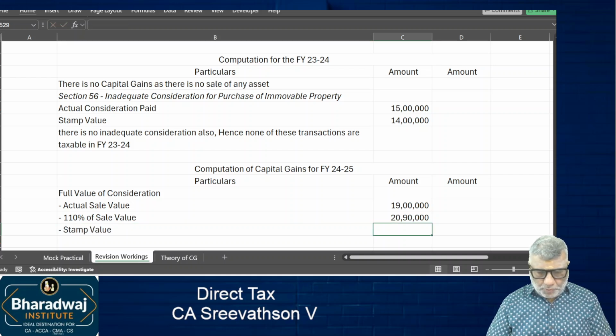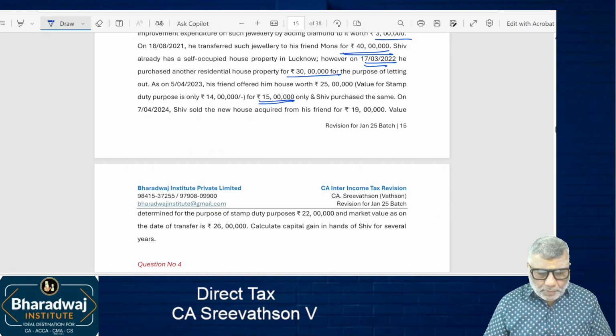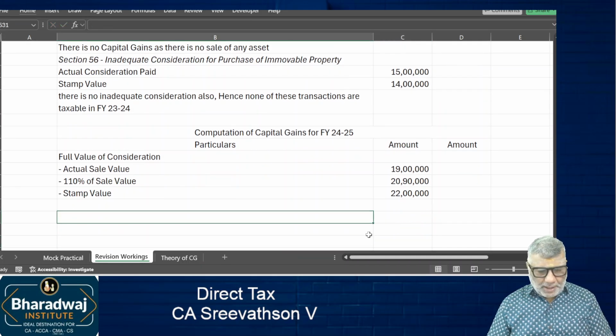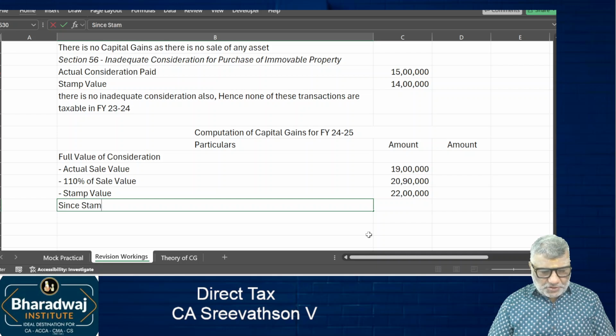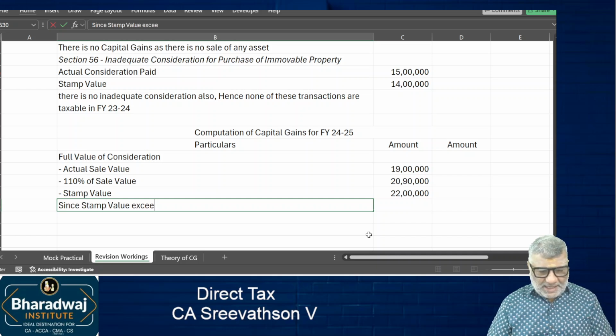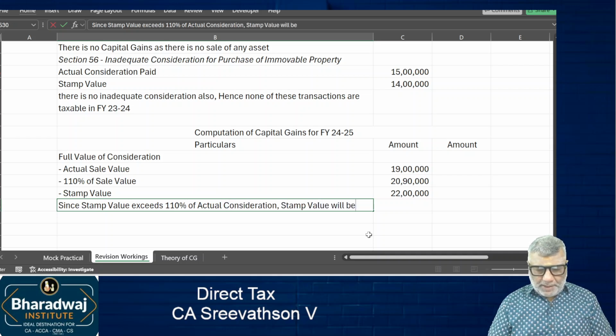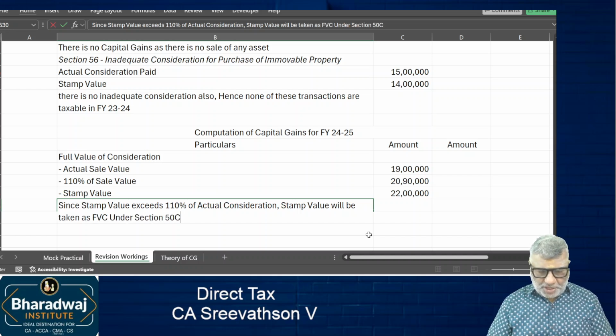Stamp value 22 lakhs. Okay. Since stamp value exceeds 110% of actual consideration, stamp value will be taken as full value of consideration under section 50C.